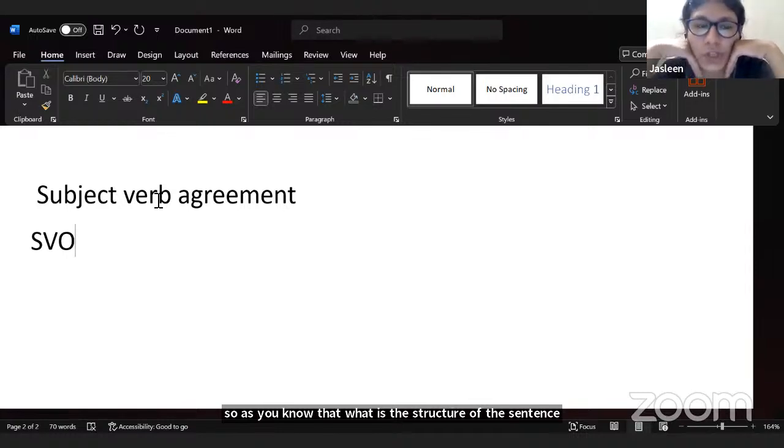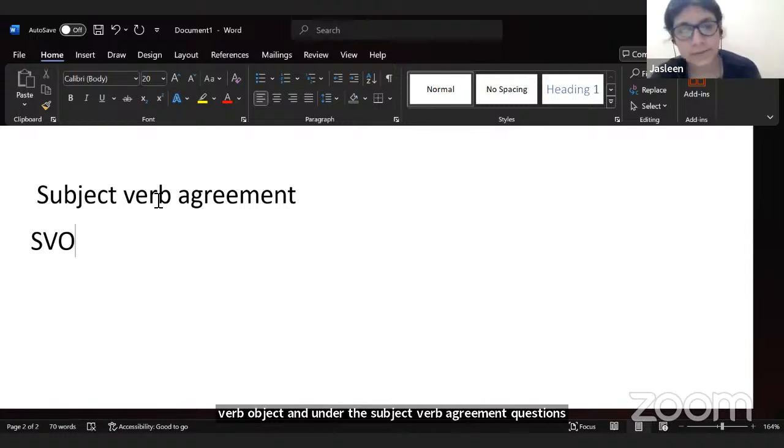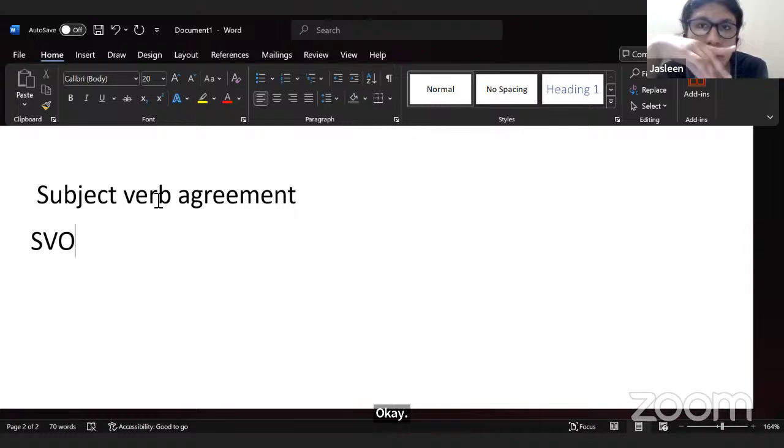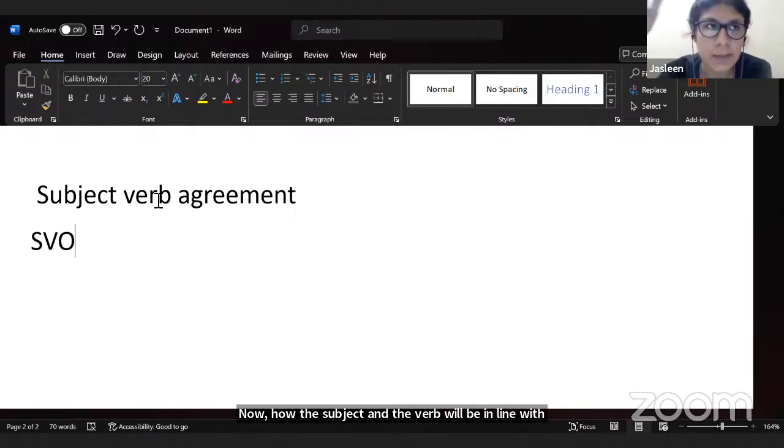And under subject verb agreement questions, what will you have? You will always have questions in which you have to see whether the subject and the verb are in line with each other. Okay, so you have to look at these things. Now, how will the subject and the verb be in line with each other? As you remember, today we had done the table for the possessive pronouns, but earlier we had done the table for the nouns.